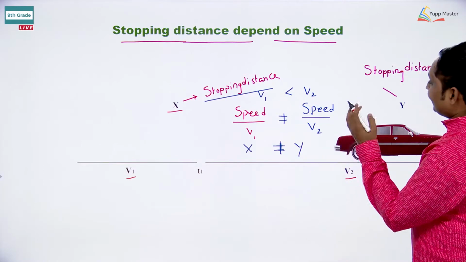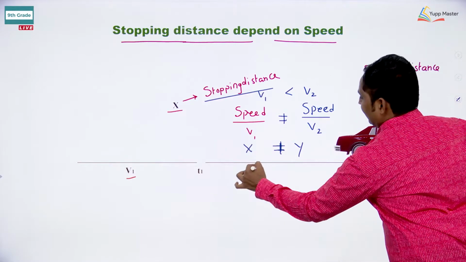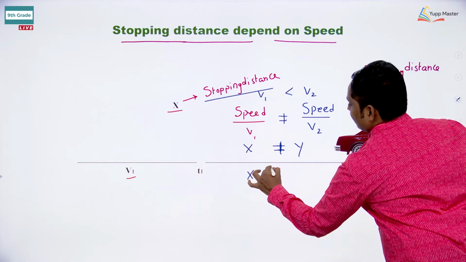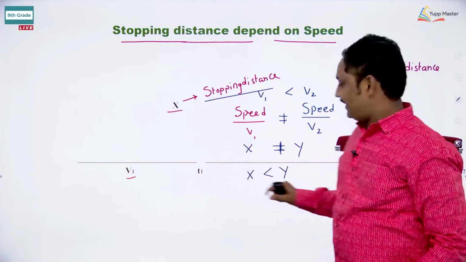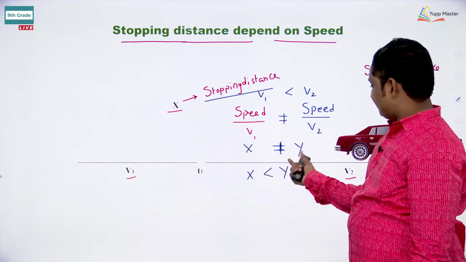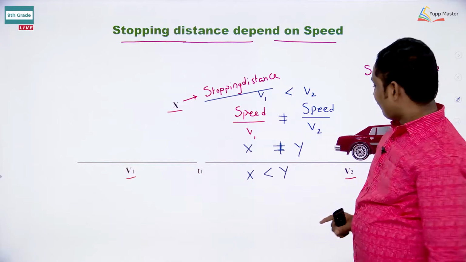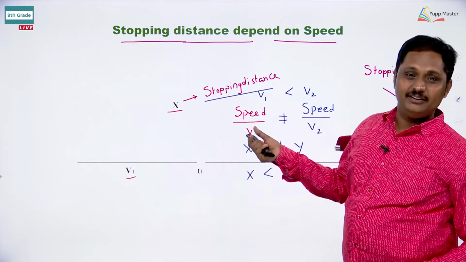At the same time, X and Y are compared with the relation, very clear. Y is greater than X, like V2 is greater than V1.